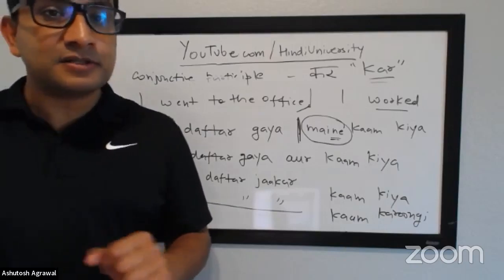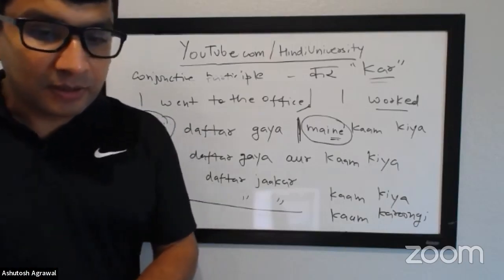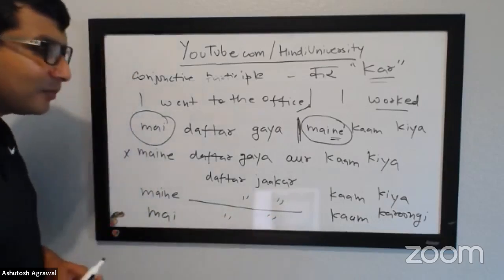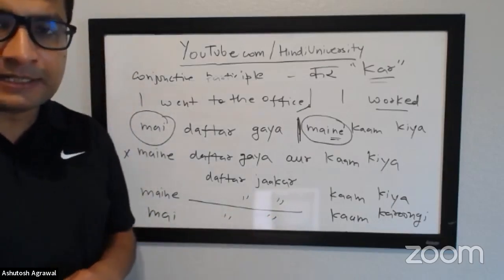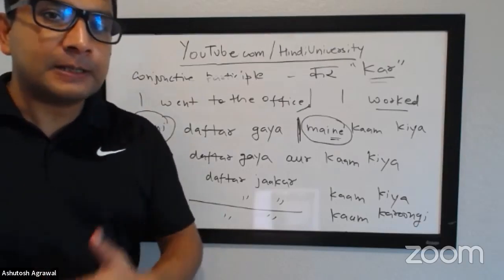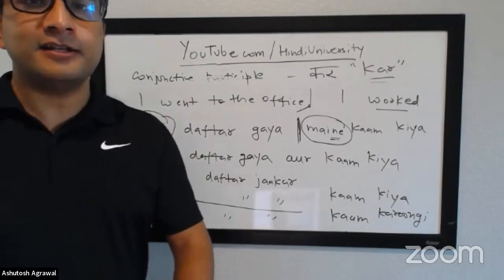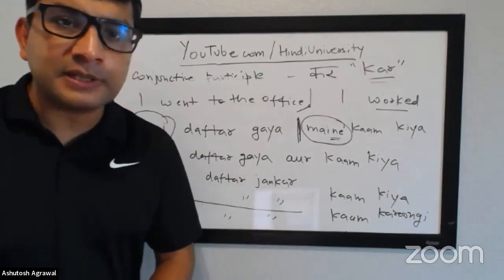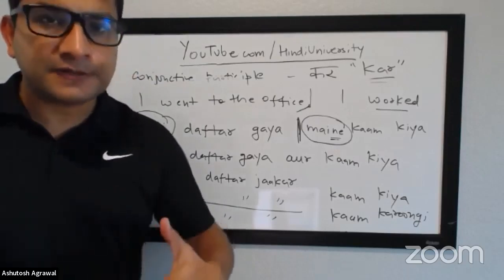Your second sentence is still in future indefinite. All you're doing is filling in the blank. मैं दफ्तर जाकर काम करूंगी. Even though when you're saying it separately the tenses are in future indefinite, when you're using the conjunctive participle, it applies only on the first sentence, basically.